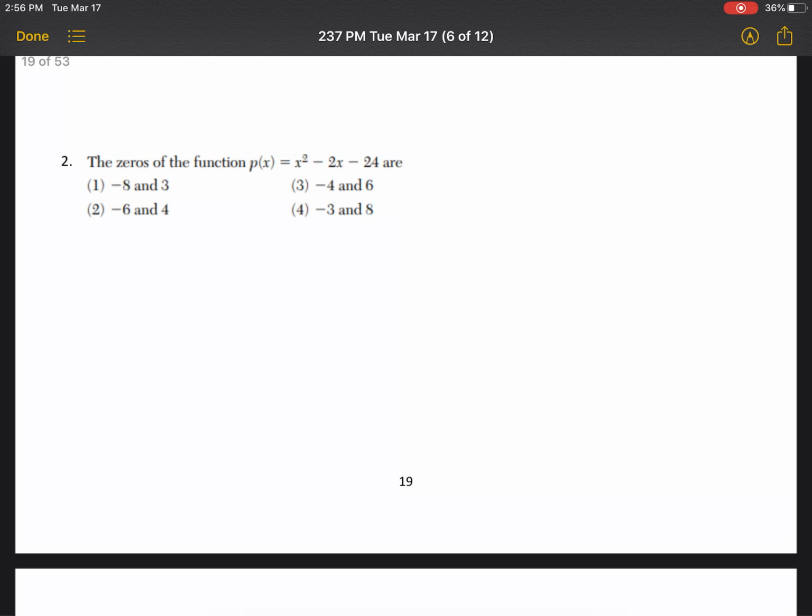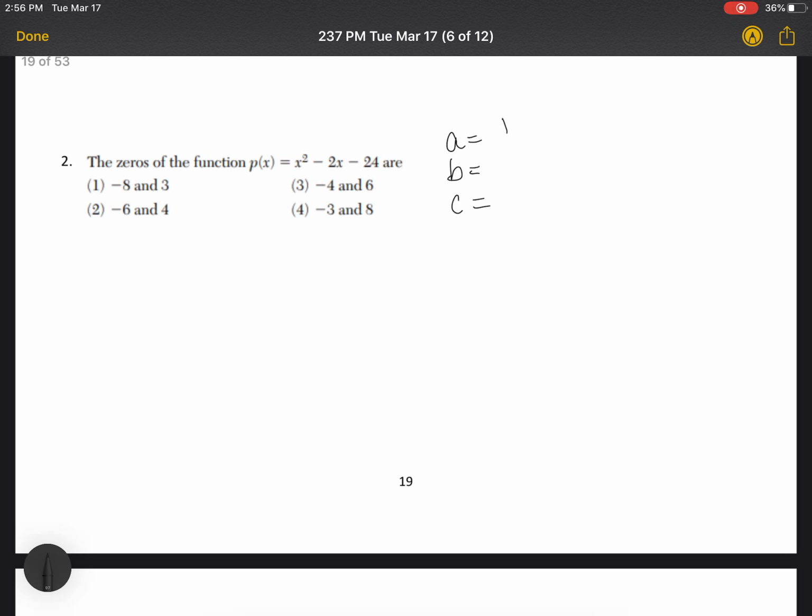So let's go to number 2, the zeros of the function x squared minus 2x minus 24. Again, since we're talking about the quadratic formula, I'm going to use that. Obviously you have your factor and t-chart option of doing this here. You can graph this in your calculator and see where it crosses the x-axis, but we'll just get a little bit more practice with the quadratic formula.